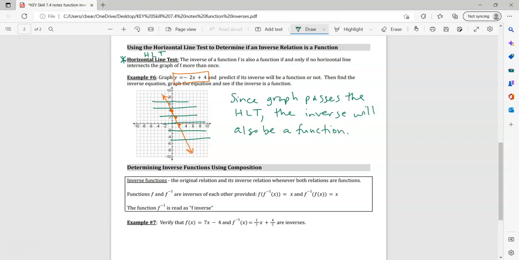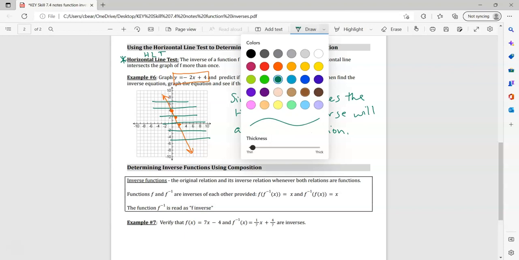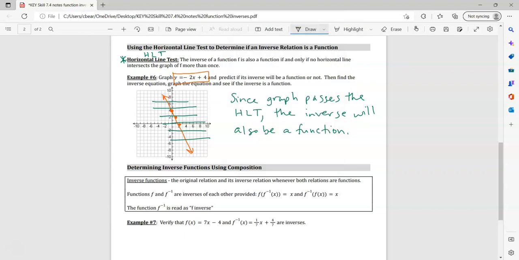Can you think of any of our parent functions where it would not pass the horizontal line test? Hopefully you realize that examples that won't be functions, if I have a quadratic, that will fail.